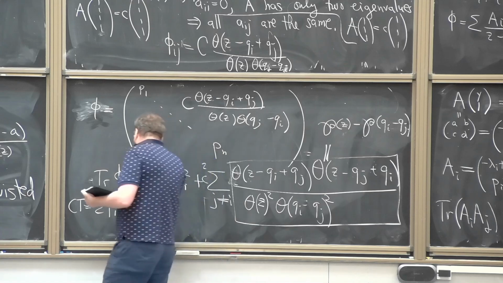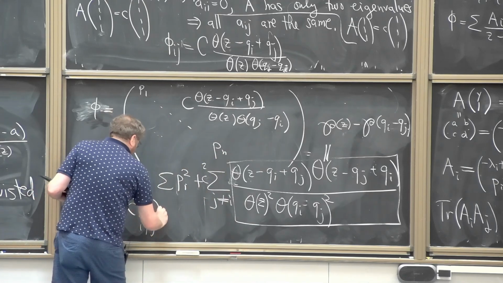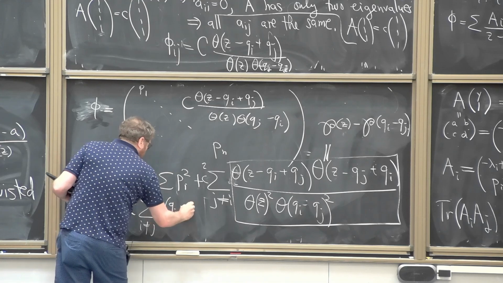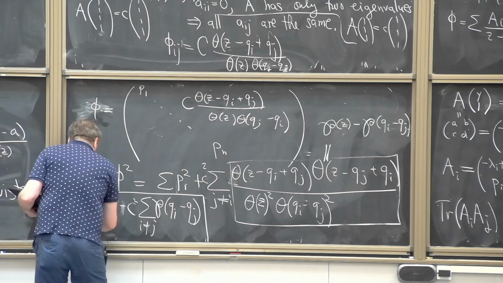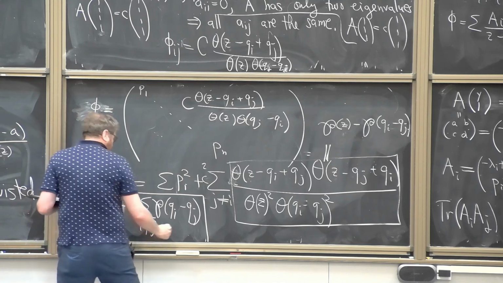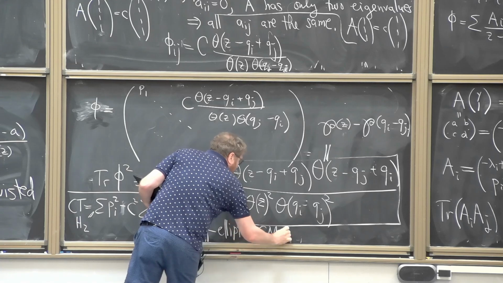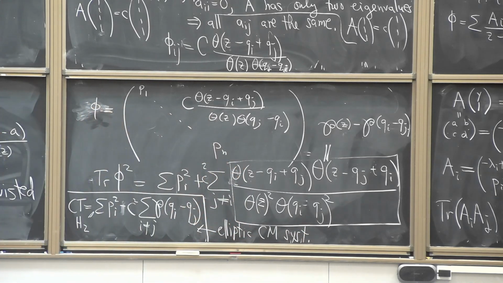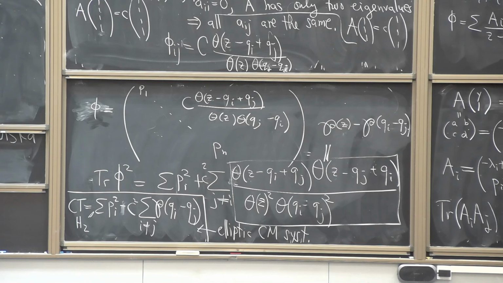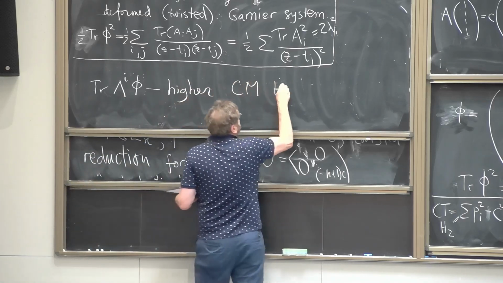And so you will get minus c squared times the sum over i different from j of the p function of qi minus qj. And this is the elliptic Calogero-Moser system. So this is the quadratic Hamiltonian of the elliptic Calogero-Moser system. And this gives us integration of this system because now we can consider traces of exterior powers of phi. And these are going to give us higher Calogero-Moser Hamiltonians.